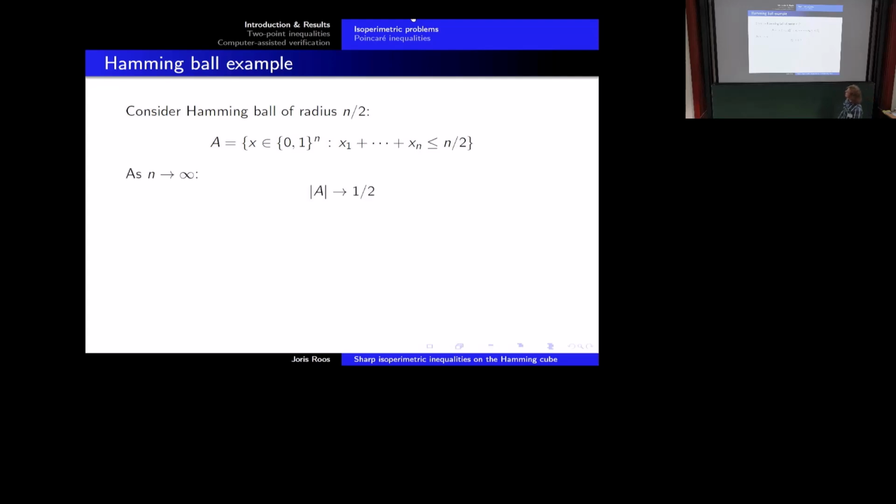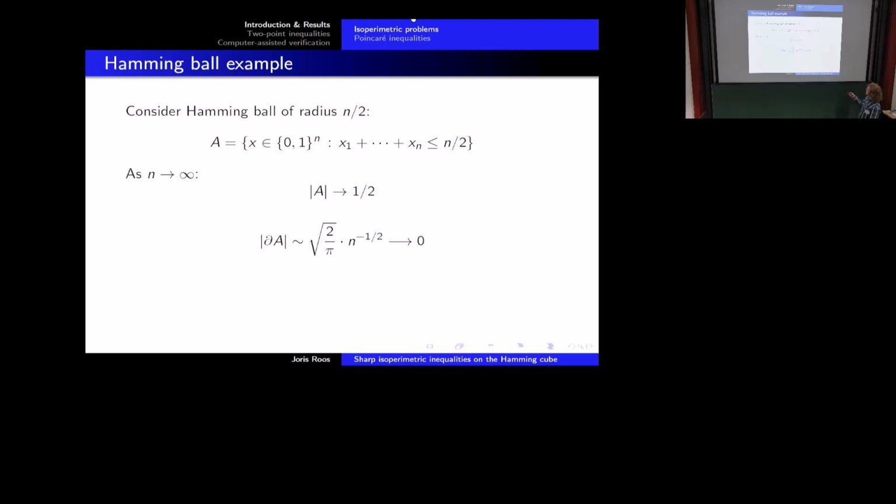And now we can compute what's the volume. The volume will be 1/2 as n gets large. What's the volume of the boundary measure? There's various ways to compute it using the central limit theorem or just manually. And you can work out that it's this funny constant that also pops up in the central limit theorem, should be familiar, times n to the minus 1/2.